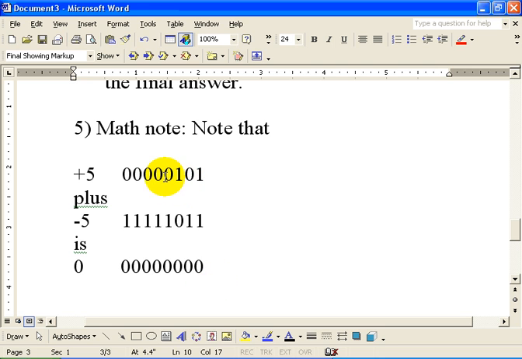If you work it all out, you'll discover that plus 5 plus minus 5, if we add this number to this number and carry all the way across, we wind up with all zeros, which is 0, which is what we would want. We would want plus 5 plus minus 5 to come out to 0.